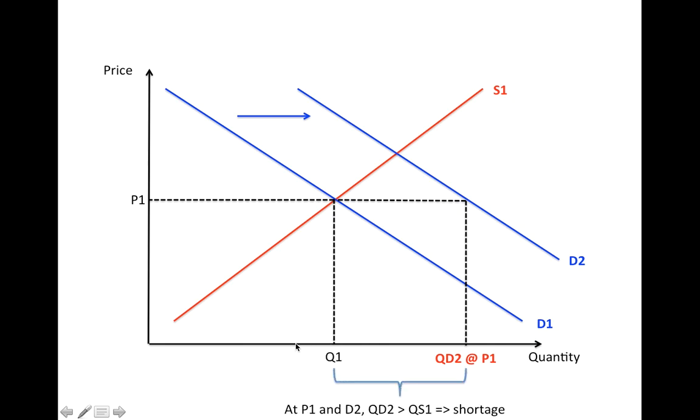And this difference between this quantity demanded at P1 and the quantity supplied at P1 is a shortage because there's more demand than supply. How do we solve this shortage?